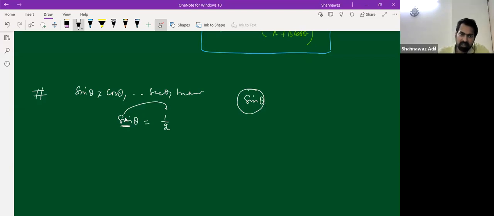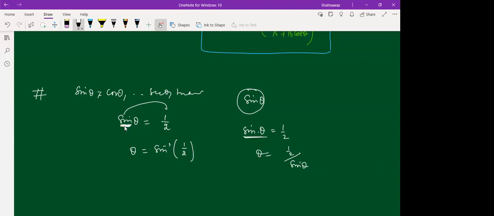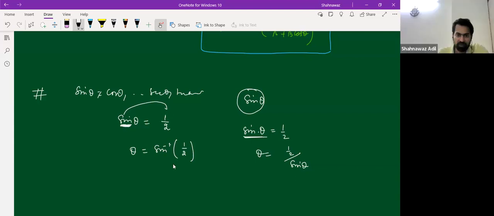If I take sine to the right hand side, it would be theta equals sine inverse. It is not multiplication, so it is not one half divided by sine. It is a trigonometric operation, so on the right hand side it becomes the inverse.